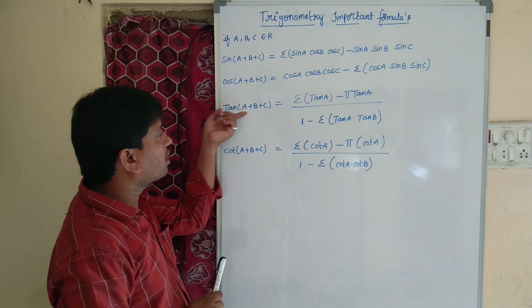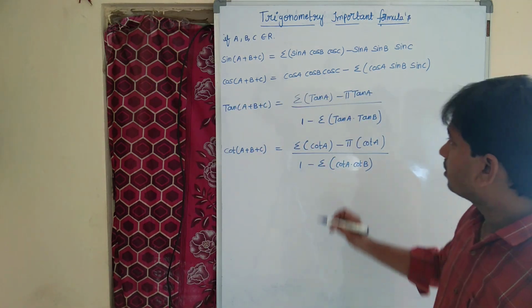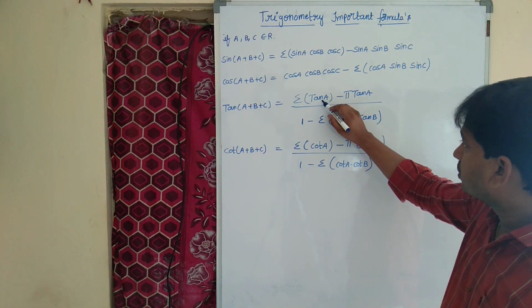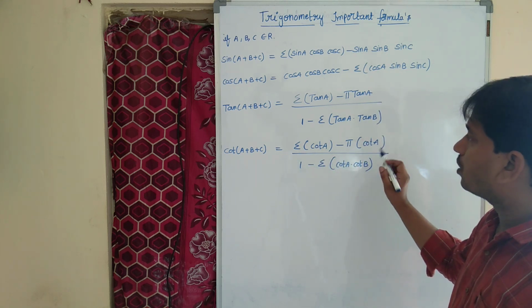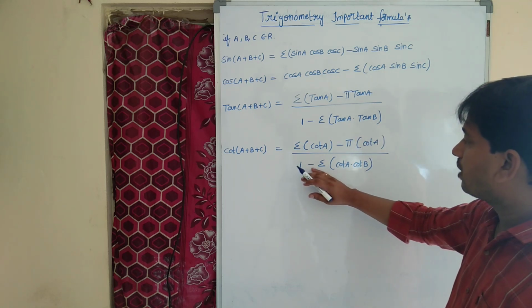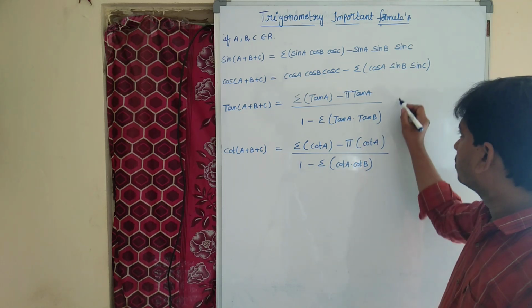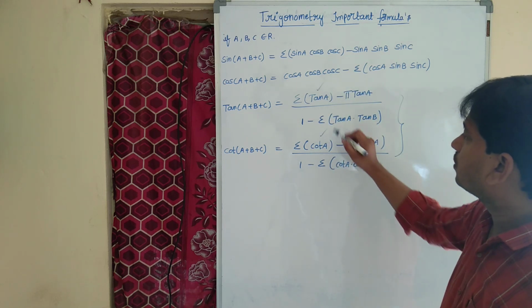The next one is tan of (A plus B plus C) and cot of (A plus B plus C). Here sigma tan A minus pi tan A, and here also sigma cot A minus pi cot A, divided by 1 minus sigma tan A tan B, and here also 1 minus sigma cot A cot B. So nothing is changed. Tan means you have to write tan, cot means you have to write cot.